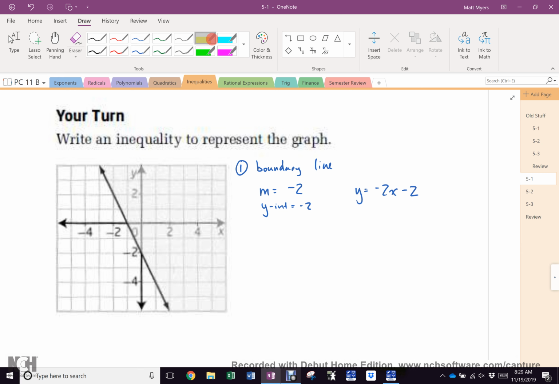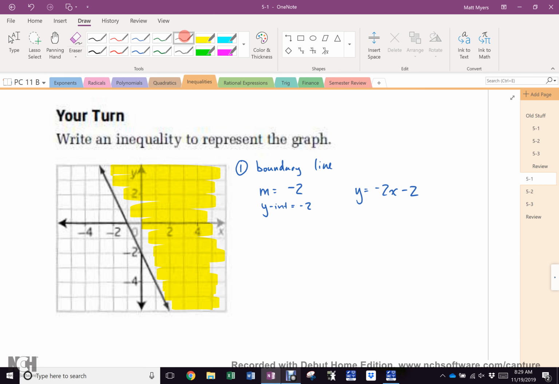Everybody should have gotten the boundary line, yes? Now this one is a real easy one to test. Why? 0, 0 is part of the solution, yes? So that means if 0, 0 works, then we can use that, right?